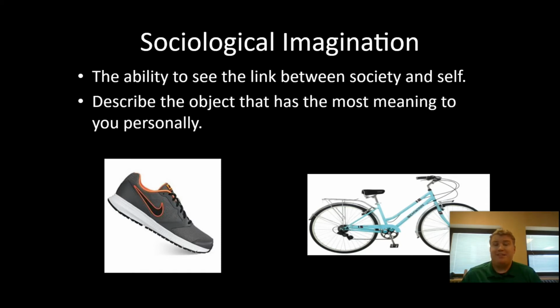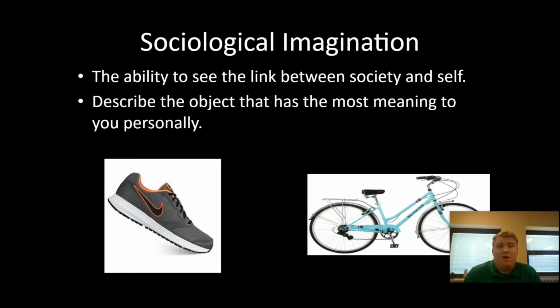So you guys may say something like, oh, the shoe is what I use to work out in and that we can run in. If you're a cross-country runner, you can say, oh, I have a favorite pair of shoes that I ran my first mini marathon in. For me personally, when I see that bike, I don't really see just a bike.